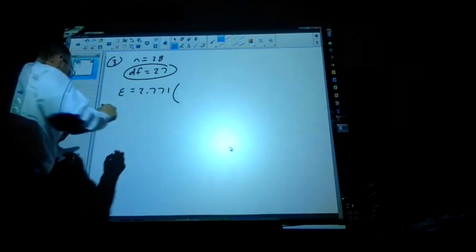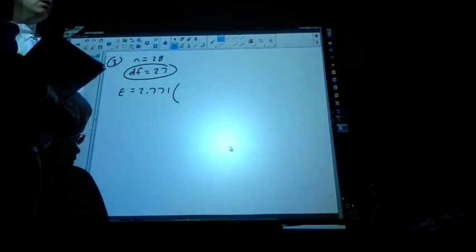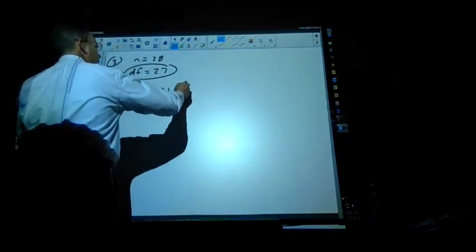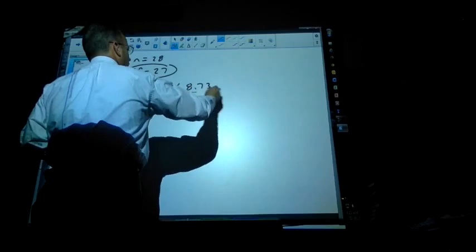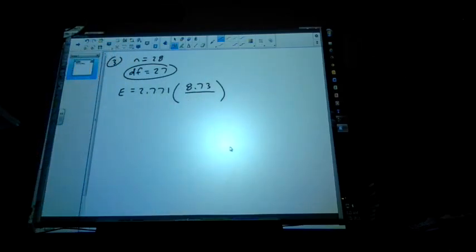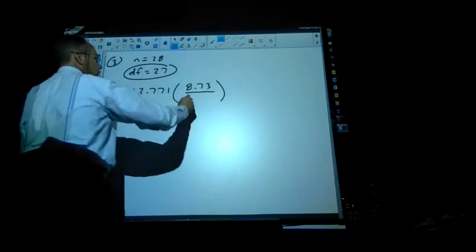times, what goes in the numerator? Standard deviation, which is $8.73. And what goes in the denominator? 28, but what is 28? Square root of 28.